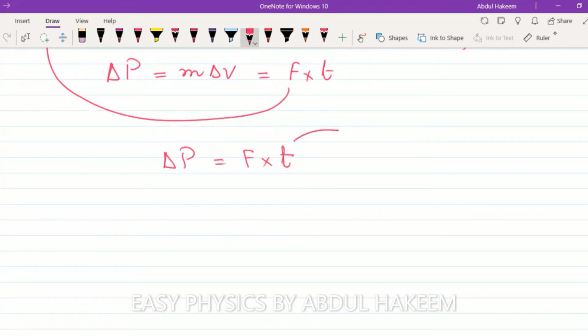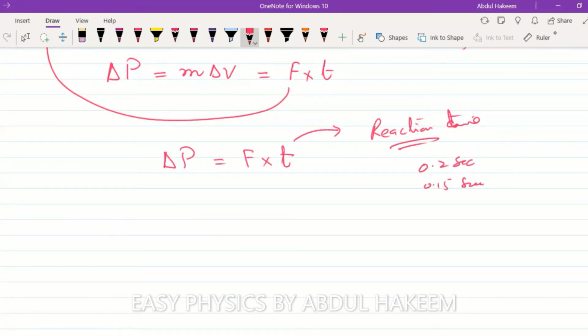Now, if the time of application of the unbalanced force is approximately equal to your reaction time, I mean very, very small, 0.2 second, 0.15 second like this, then the change of momentum is called impulse.